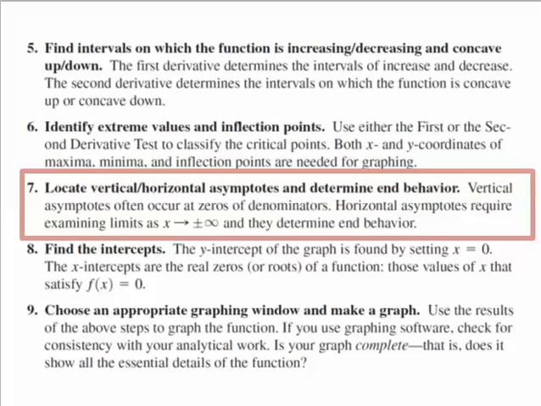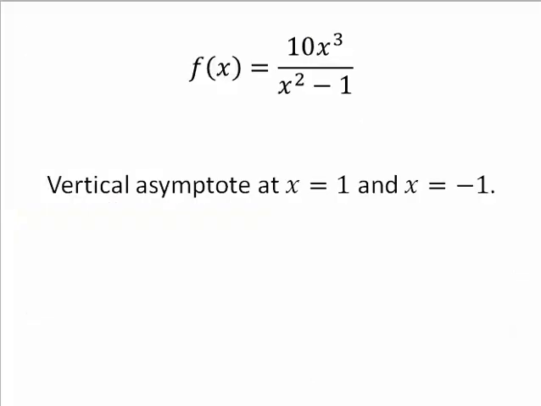Locate asymptotes and determine end behavior. A vertical asymptote occurs, with a rational function anyhow, where the denominator equals 0 and the numerator is non-zero, and that occurs at 1 and -1.